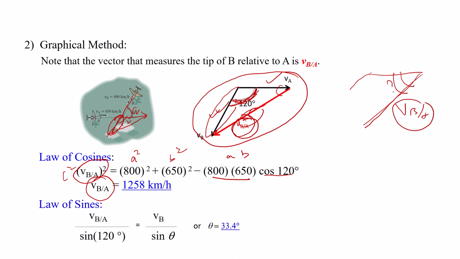So VBA is known, so this is what we calculate. This angle is known, and we are interested in this, so we use VB. VB by sine 120, from the sine law, equals VBA by sine theta, where theta is the angle VBA makes with the horizontal. The only unknown here is sine theta, which you can calculate, and you get the same answer from both processes.